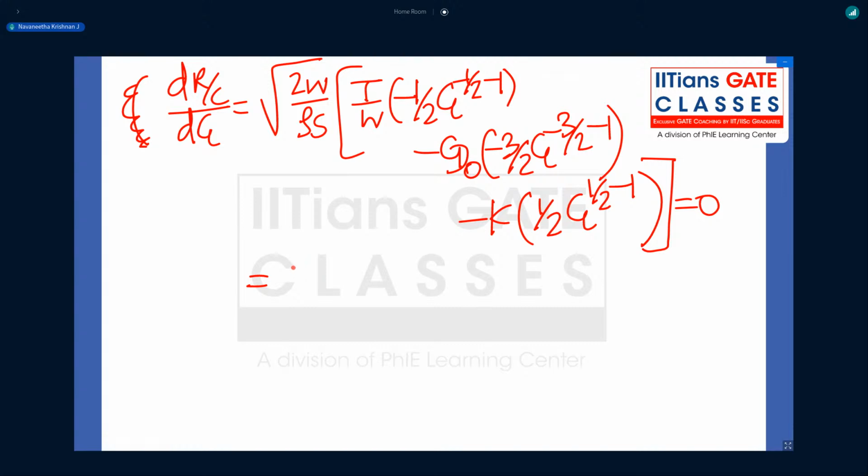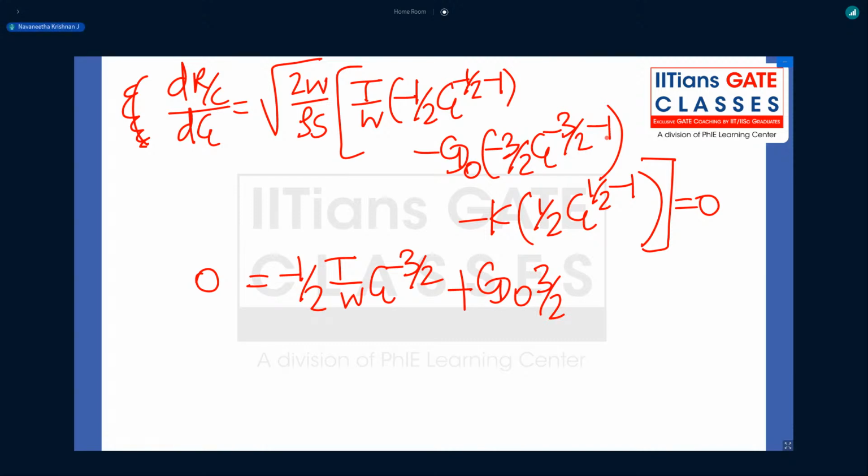So if I rewrite this, it will become 0 minus 1 by 2 into thrust by weight. CL power minus 1 by 2 minus 1 will become CL power minus 3 by 2. Minus into minus, it will become plus CD naught into 3 by 2.